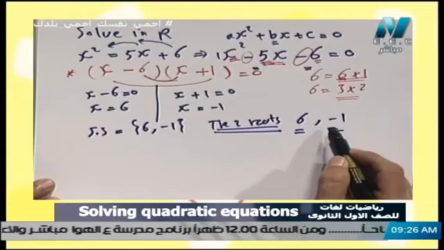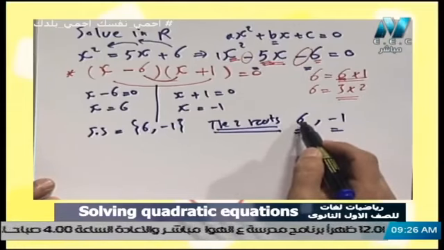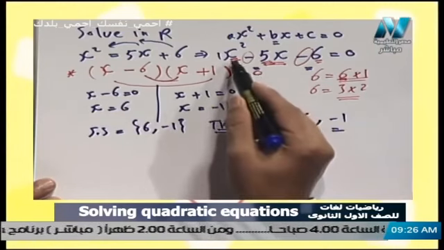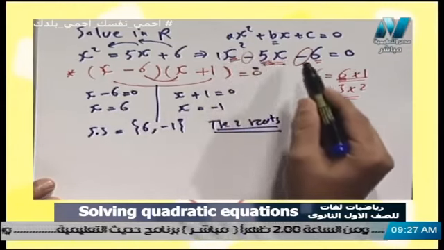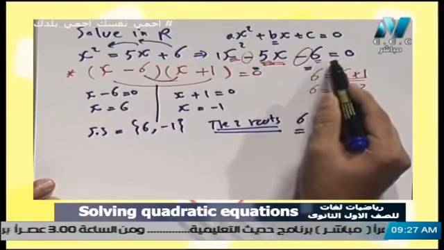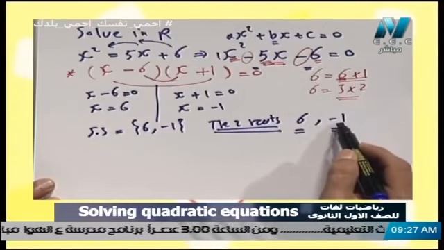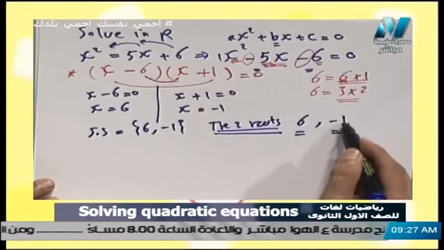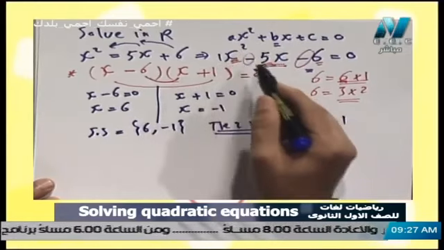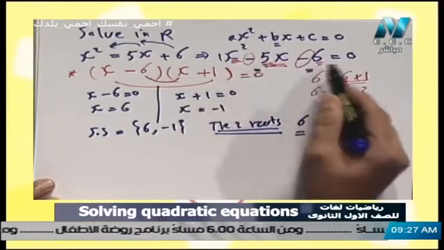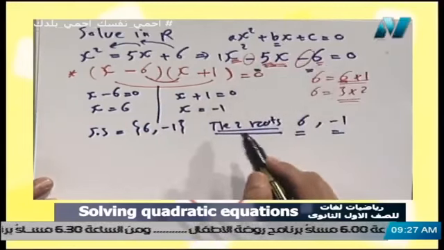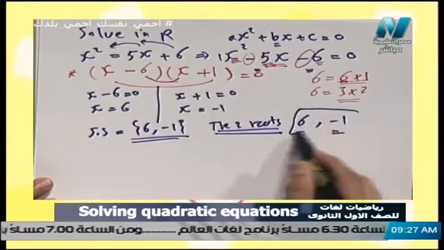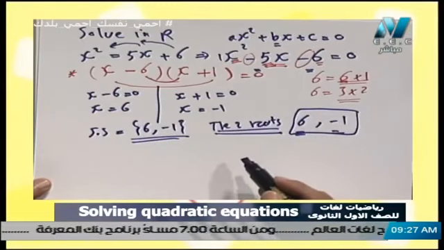As we said before, if we substitute x by 6 here, 6 power 2 minus 5 multiplied by 6 minus 6, the answer of course will be 0. And if we put negative 1 instead of x, negative 1 power 2 minus 5 multiplied by negative 1 minus 6 equals 0. So the solution set here equals 6 and negative 1, or the two roots equal 6 and negative 1.